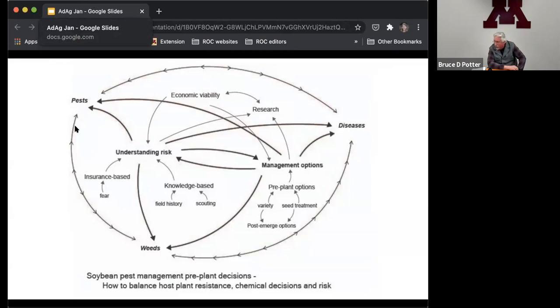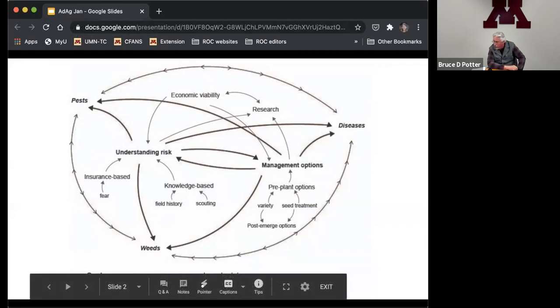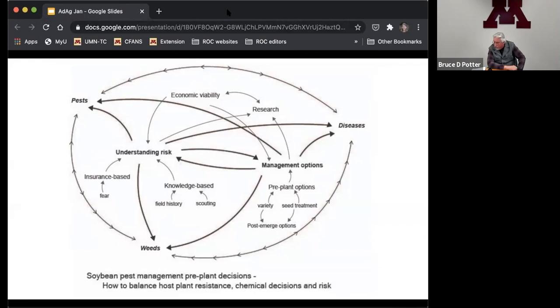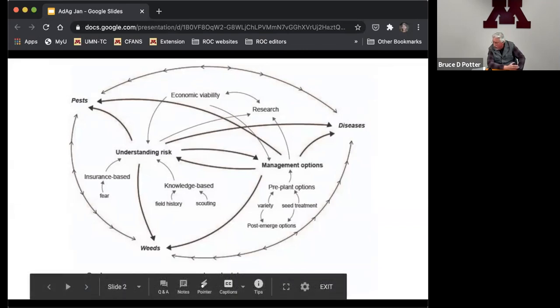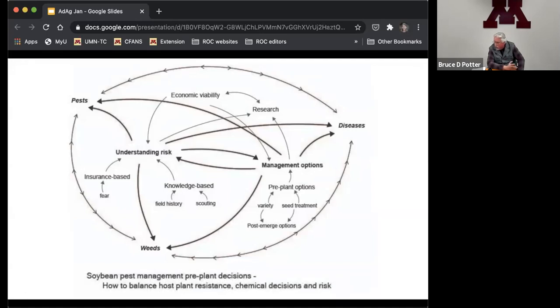Everybody's a little bit different. There's some ways you can determine risk. We'll hopefully get into things like field history, variety decisions, management options. Some of these pests we might touch on today don't really have any good management options. If they do, we've got things like variety selection, seed treatment, pesticides, things we can do with planting dates and planting and seeding rates.